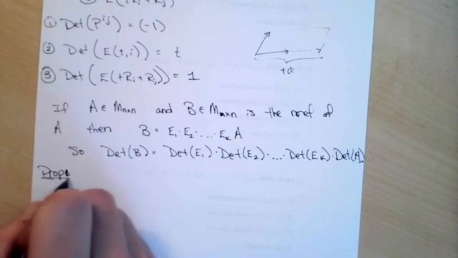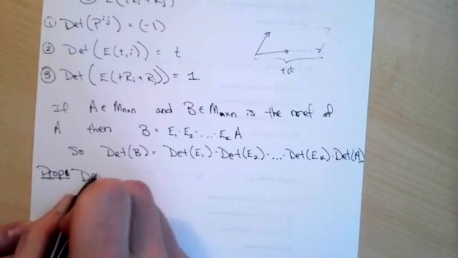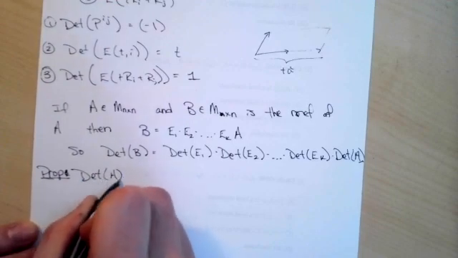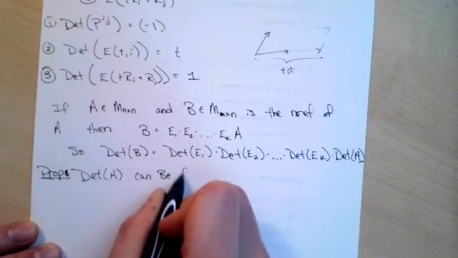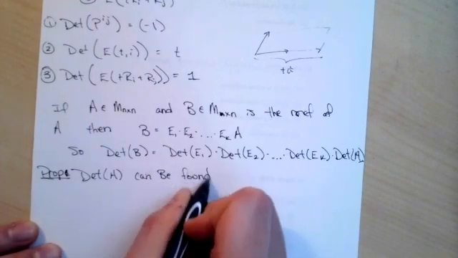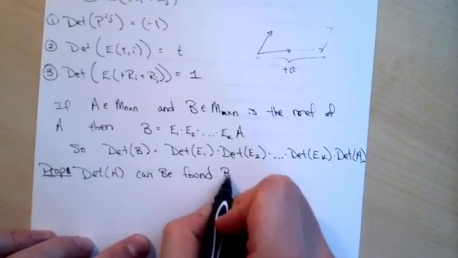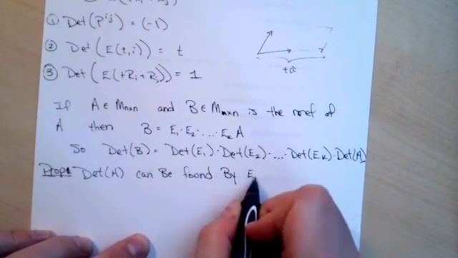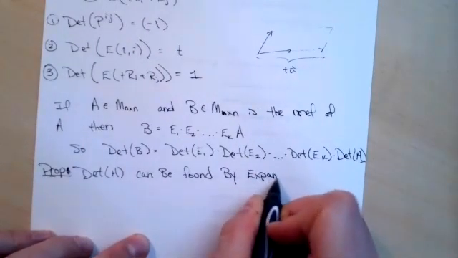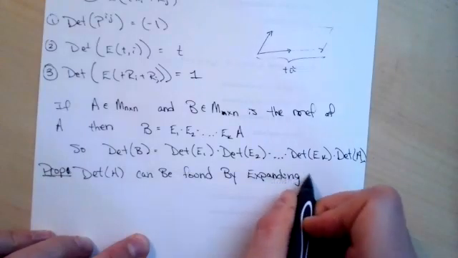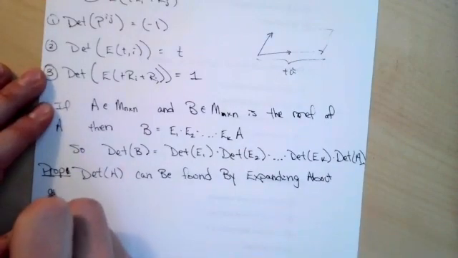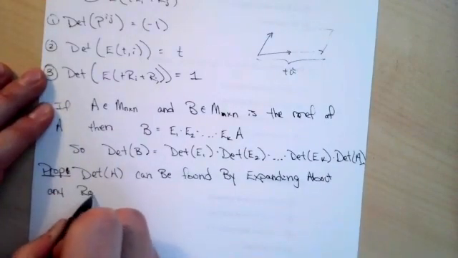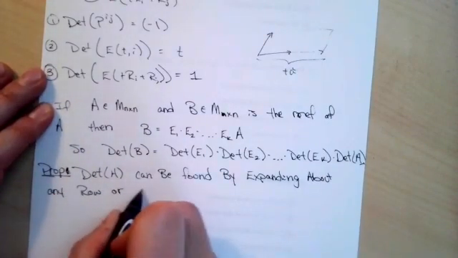Proposition: the determinant of A can be found by doing Laplace expansion about any row or column.